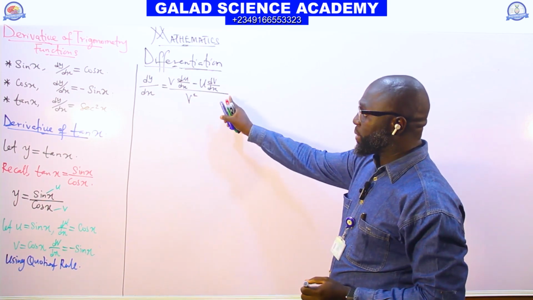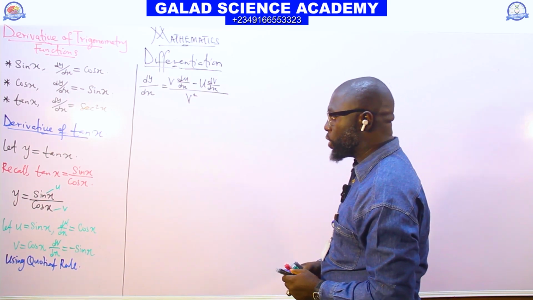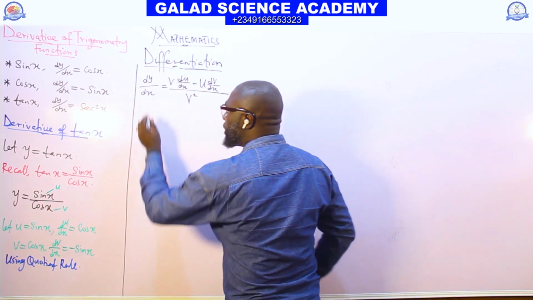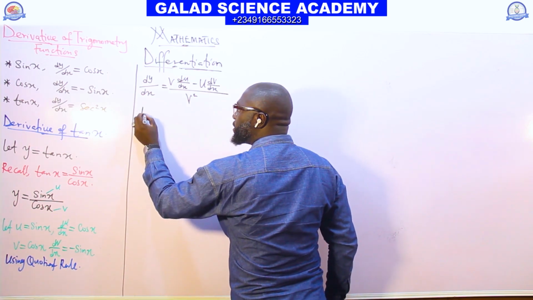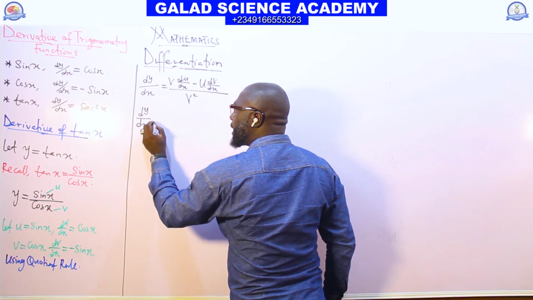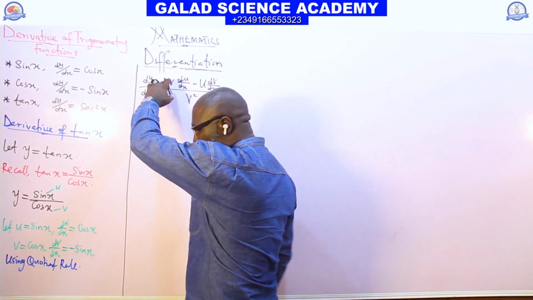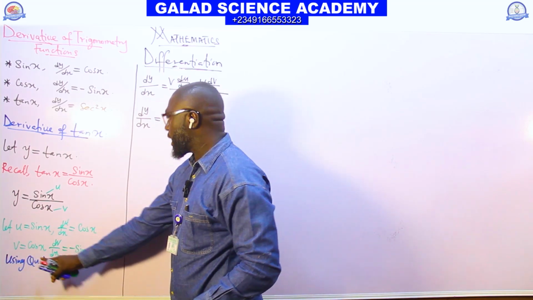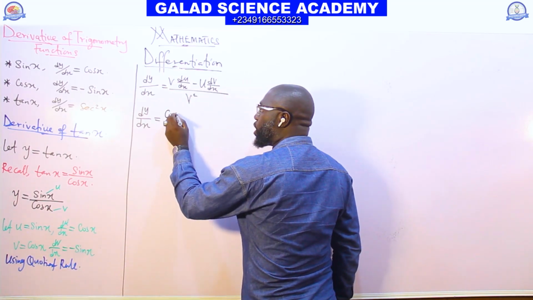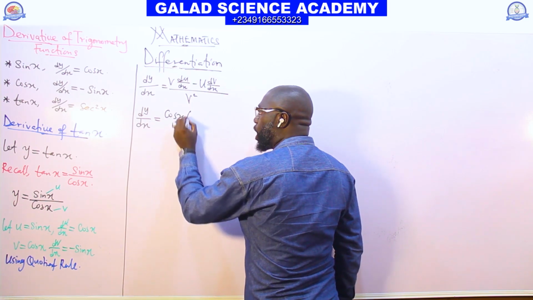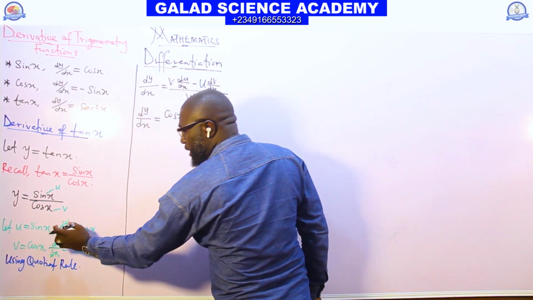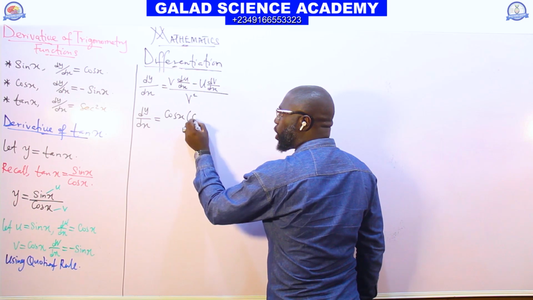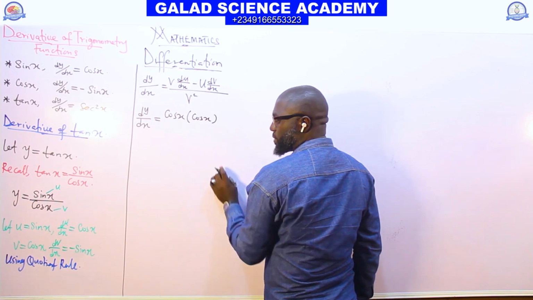So if the quotient rule formula is equal to this, let us substitute our values here. We now have dy/dx. What is v? Don't forget, v is cos x. We have cos x times du/dx, which is cos x.